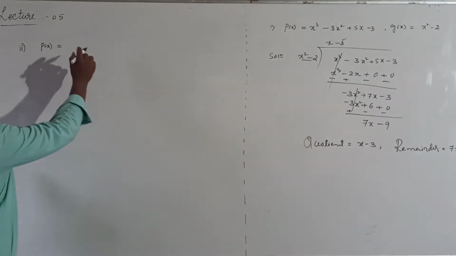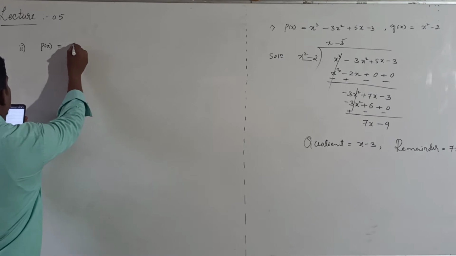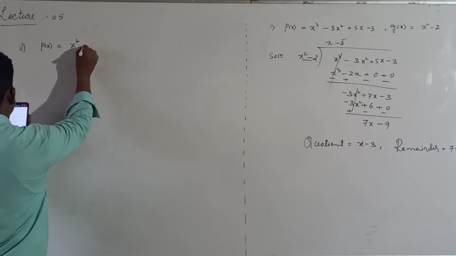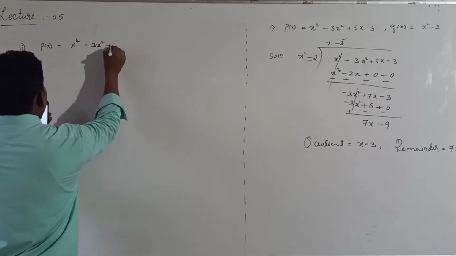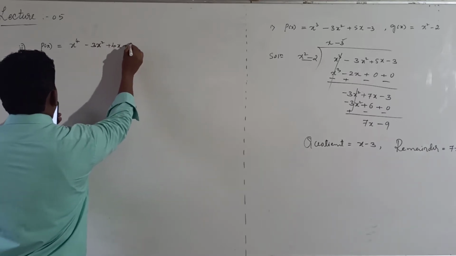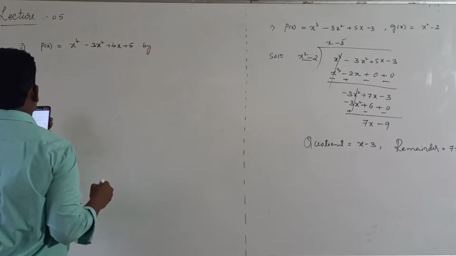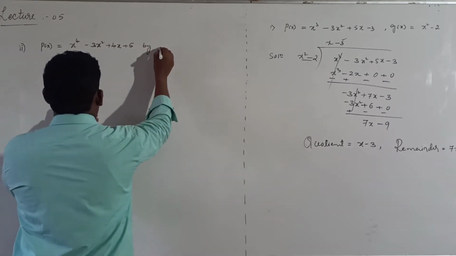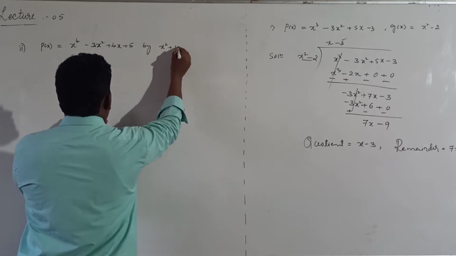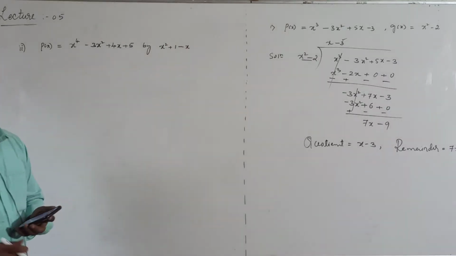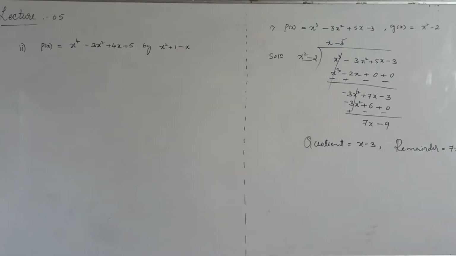Divide p of x by g of x, that is x power 4 minus 3x square plus 4x plus 5 by x square plus 1 minus x. After that, find the remainder and quotient.